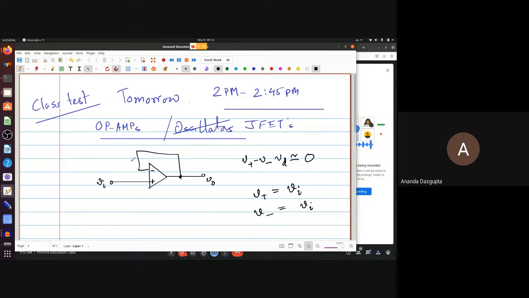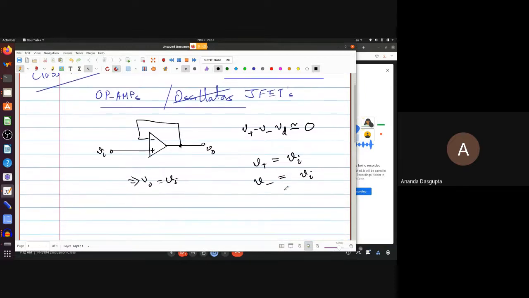And since V minus is shorted directly to the output, this implies VO is also VI. So for this circuit at least, the output is exactly equal to the input. And so this is why the gain, of course, is 1.